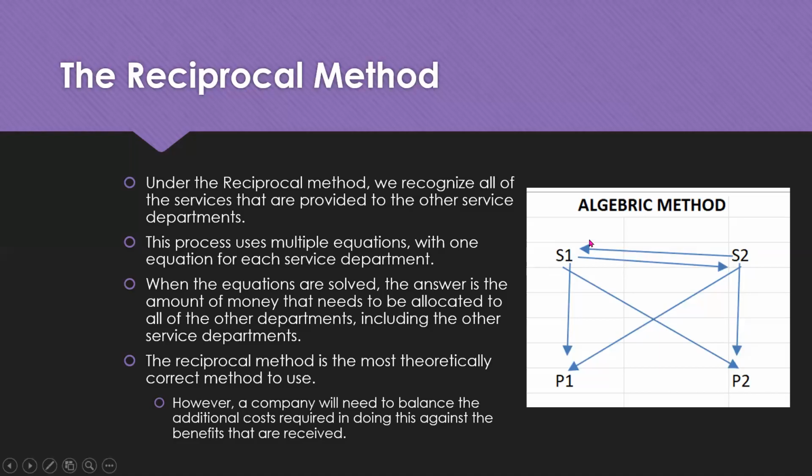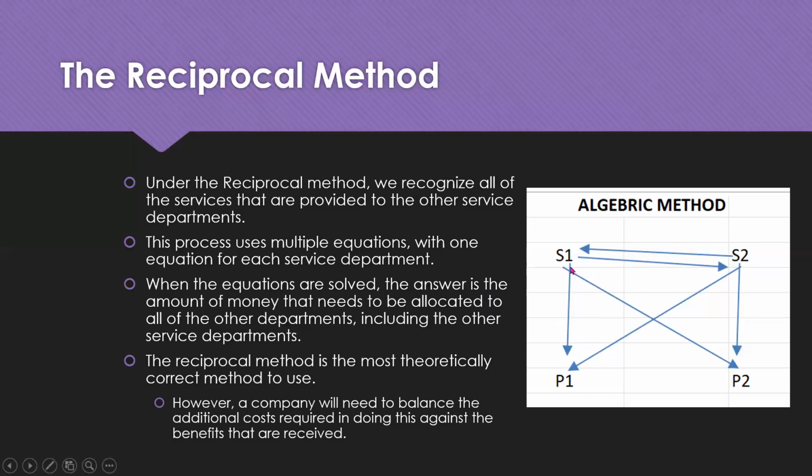So we will find the total cost of S1: its own cost plus the cost it is going to receive from S2. We will find out by the equation way how much cost will additionally come from the other service department. So 100,000 of its own and 30,000 from the service department, 130,000 we are going to close. Once we solve the question, you will understand properly.